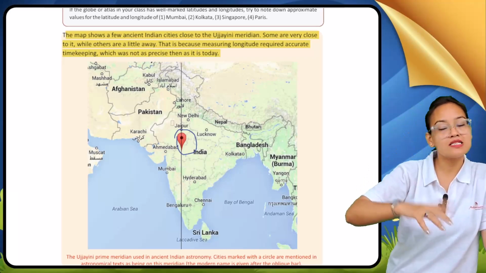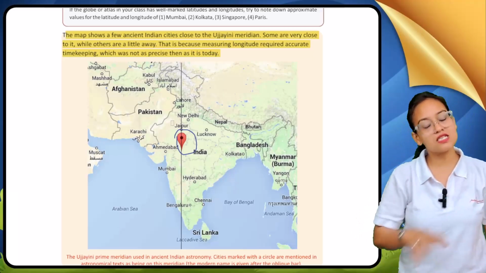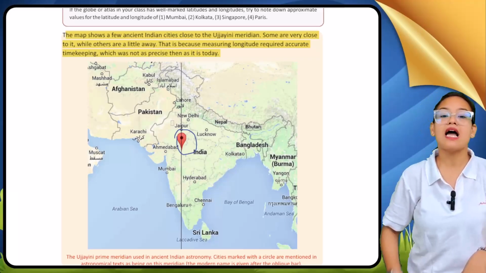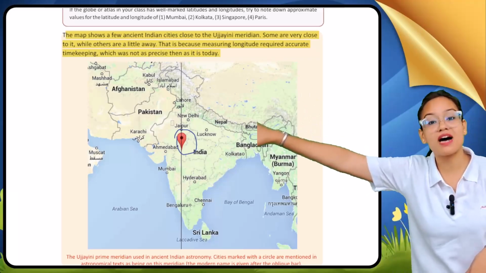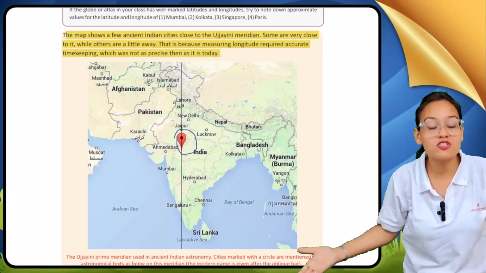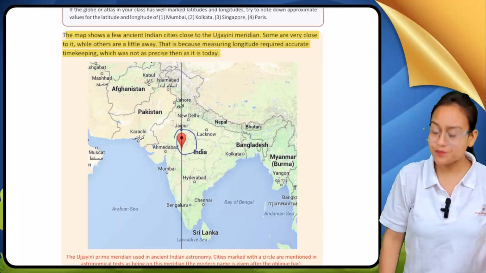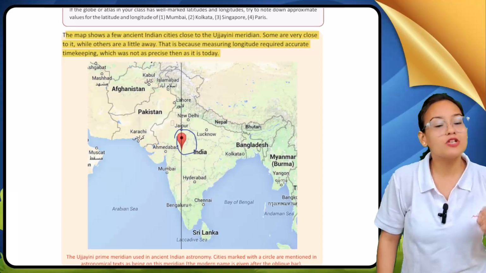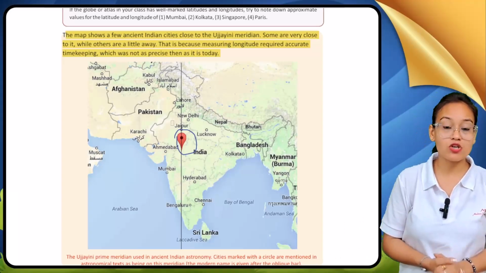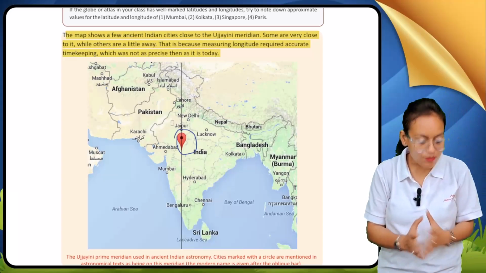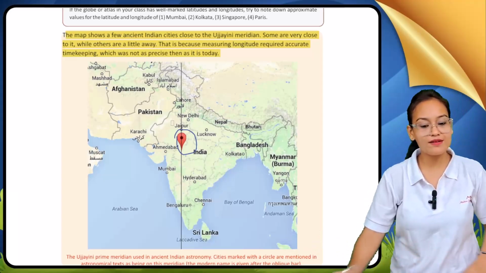We can only see that this place is near to the Ujjaini area and this place is very far, but we don't know how much far or how much near. So this map shows that in our ancient world we didn't have such advanced technology, but we knew how to measure the distance between places.